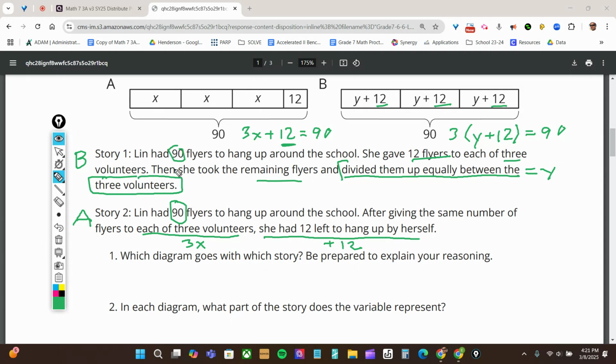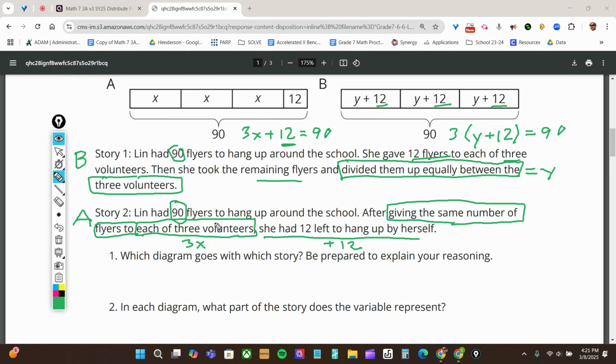What's in the box is equal to the y, and giving the same number of flyers to each of the 3 volunteers, all of that is represented by the 3x.